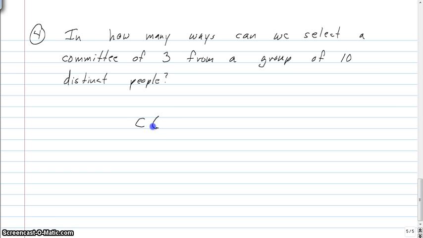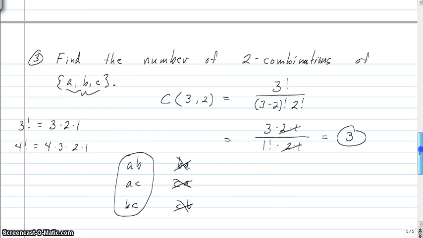So we have a combination. We're going to take 10 objects and choose 3 from them. So plugging into that formula, this is N, this is R, so I've got 10 factorial over 10 minus 3 factorial times 3 factorial.